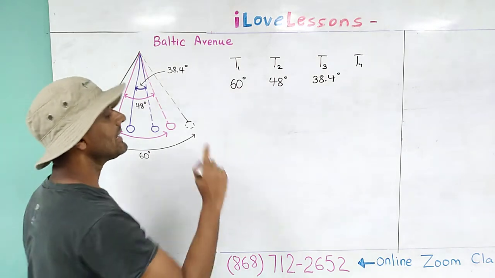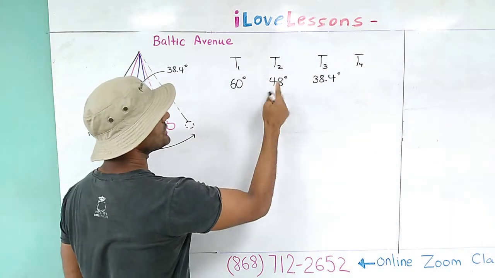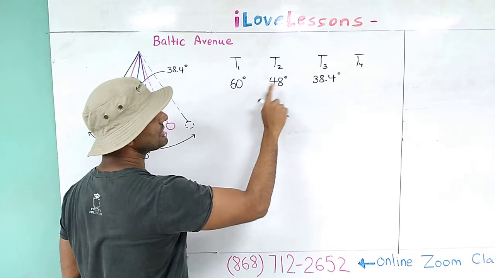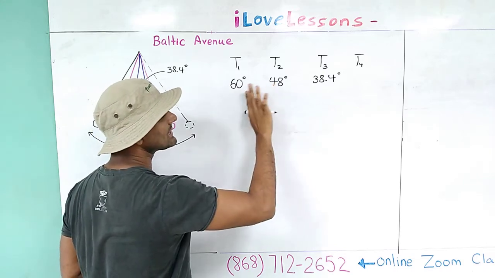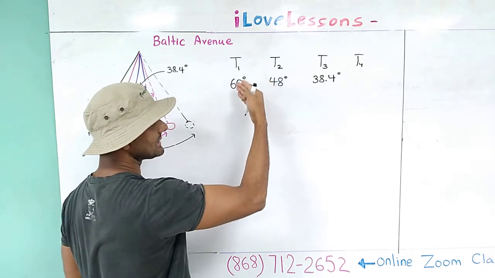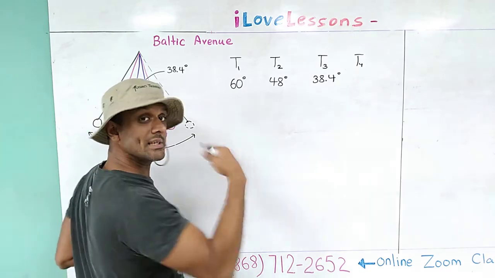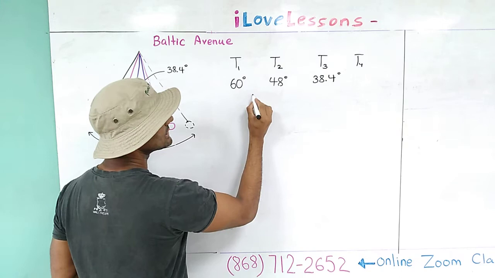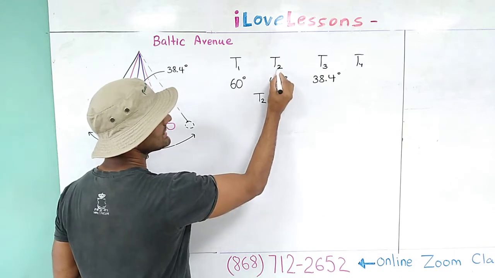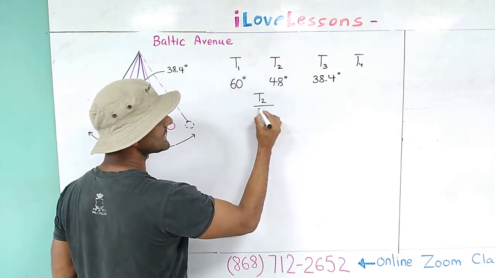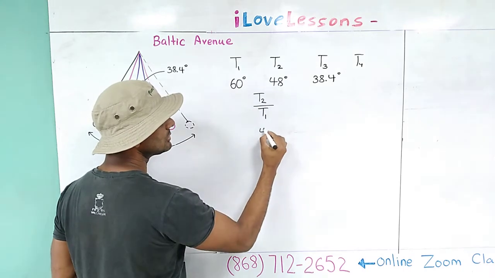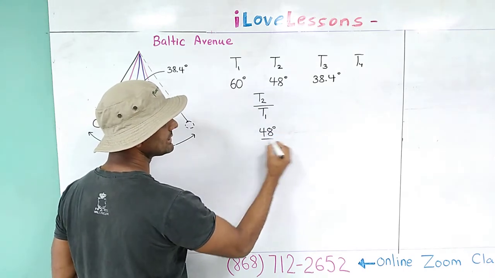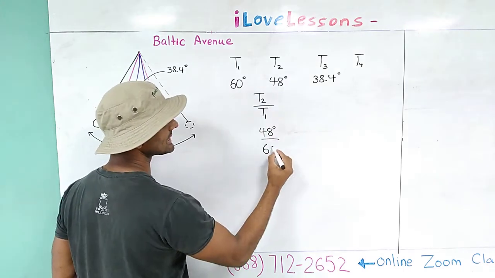Why? In a GP, if you take the term just after and divide it by the term before, you're always supposed to get the same answer. Let's test run that. Let's take T2 and divide it by the term that just came before. T2 is 48 degrees and T1 is 60.